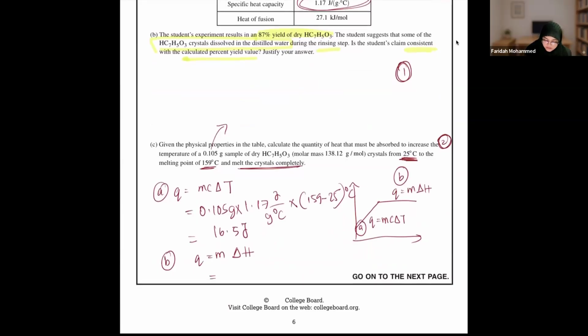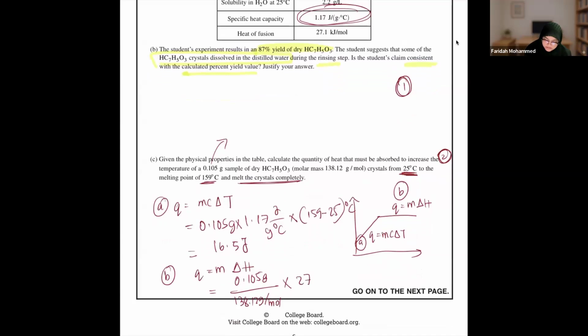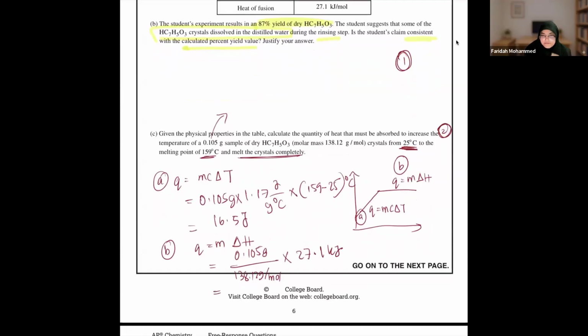So you can say 0.105 gram divided by, what's the molar mass of that thing? 138.12 grams per mole. So grams cancel out, mole goes on the top. Multiply with the delta H, 27.1 kilojoules, right? And that gives you what? Someone?